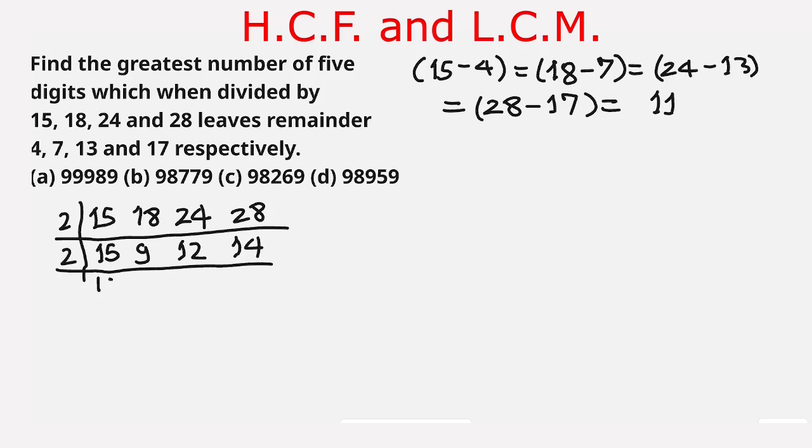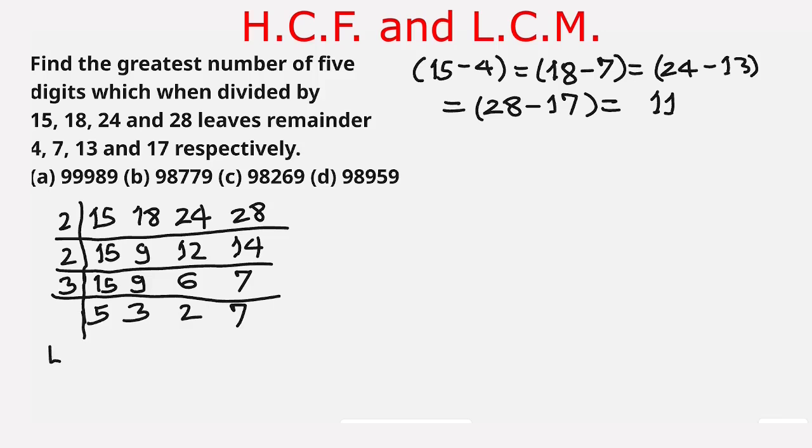We write 15 as it is. We write 9 as it is. 2 divides 12 for 6 times and 14 for 7 times. Now no two numbers are divisible by 2. We divide these numbers by 3. 3 divides 15 for 5 times, 9 for 3 times, 6 for 2 times, and we write 7 as it is. Now 5, 3, 2, 7 are all co-prime numbers.